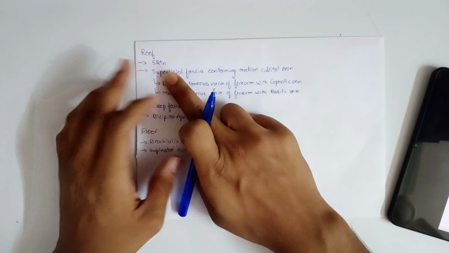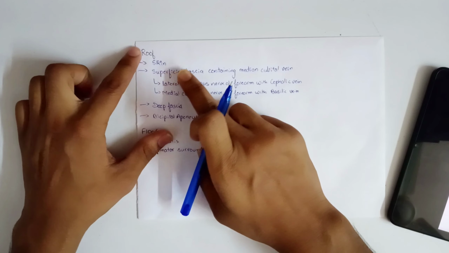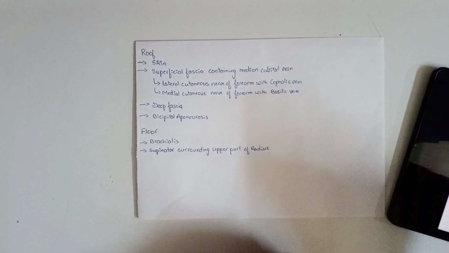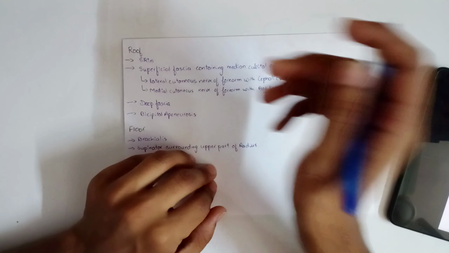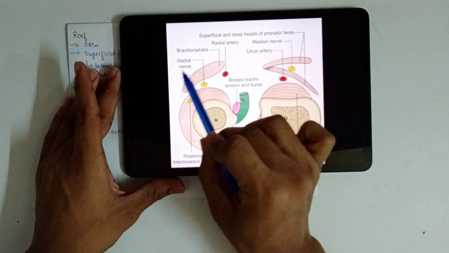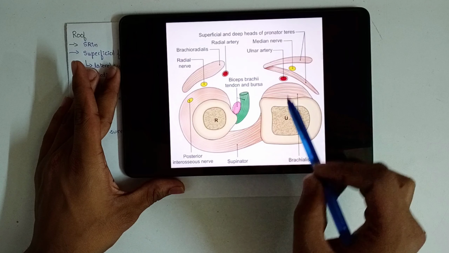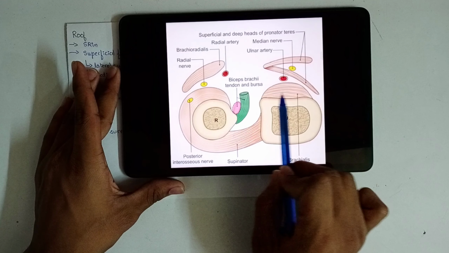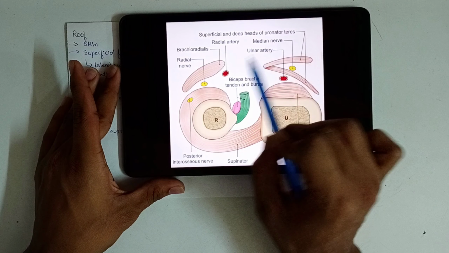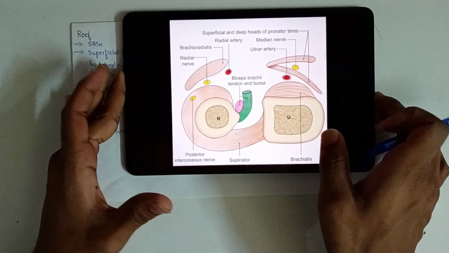The first layer, the most upward layer, forms the roof and the downward layer forms the floor. Which means when I cut this cubital fossa in transverse section, this is radius, this is ulna. So the part above is the roof and here is the floor. This forms the roof, this forms the floor.